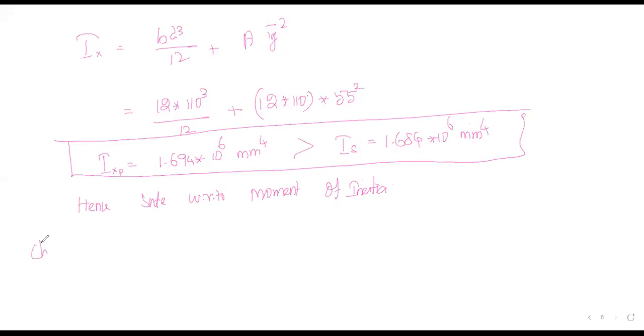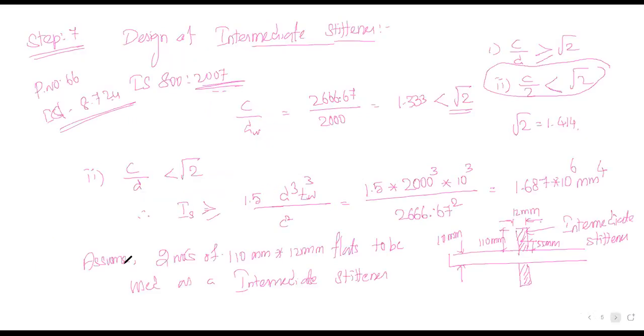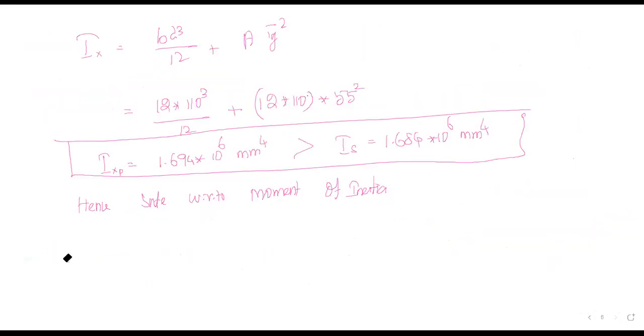So check step 7.1, that is check for outstanding of stiffener. So bs provided is equal to 110 mm.